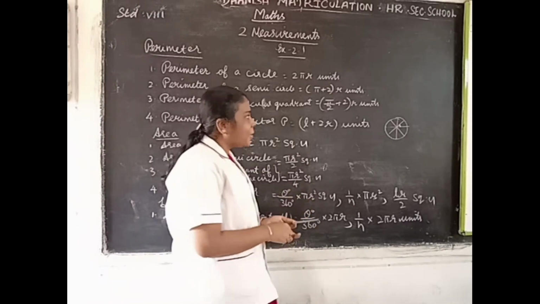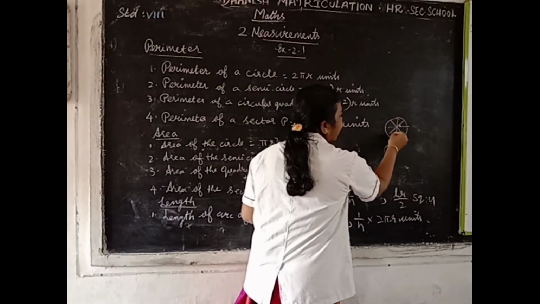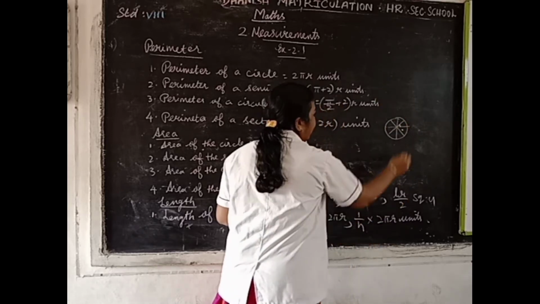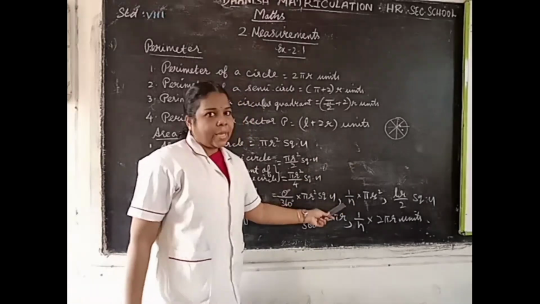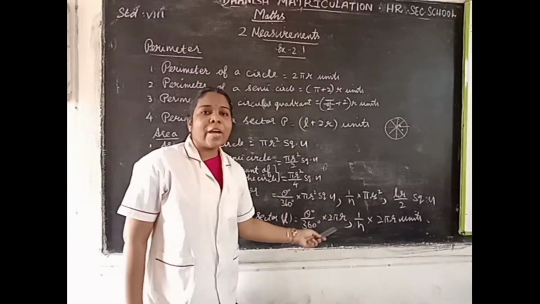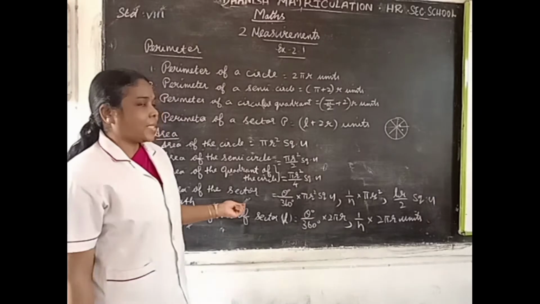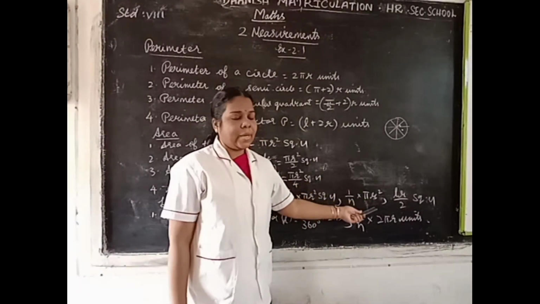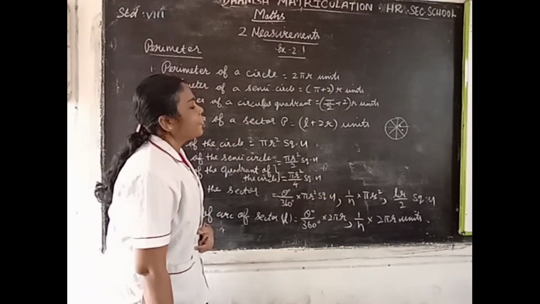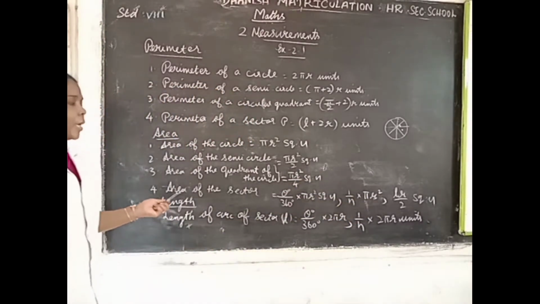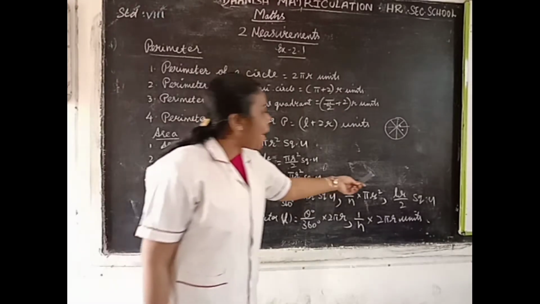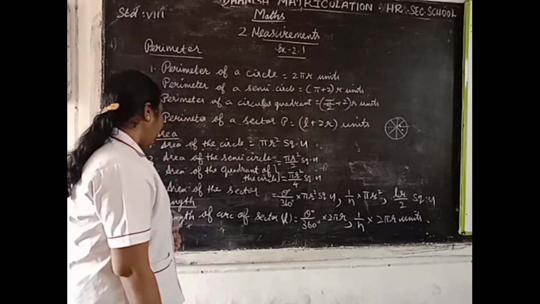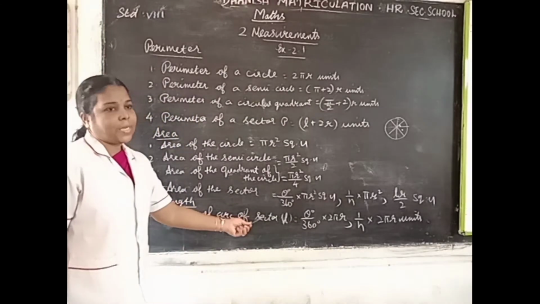If they given the n value, that is the number of sectors equally divided, 1, 2, 3, 4, 5, 6, 7, 8, if you see here, n is equal to 8, and ask you to find the area of the sector, you have to use 1 by n into pi r square. Then the third formula is L R by 2 square unit.